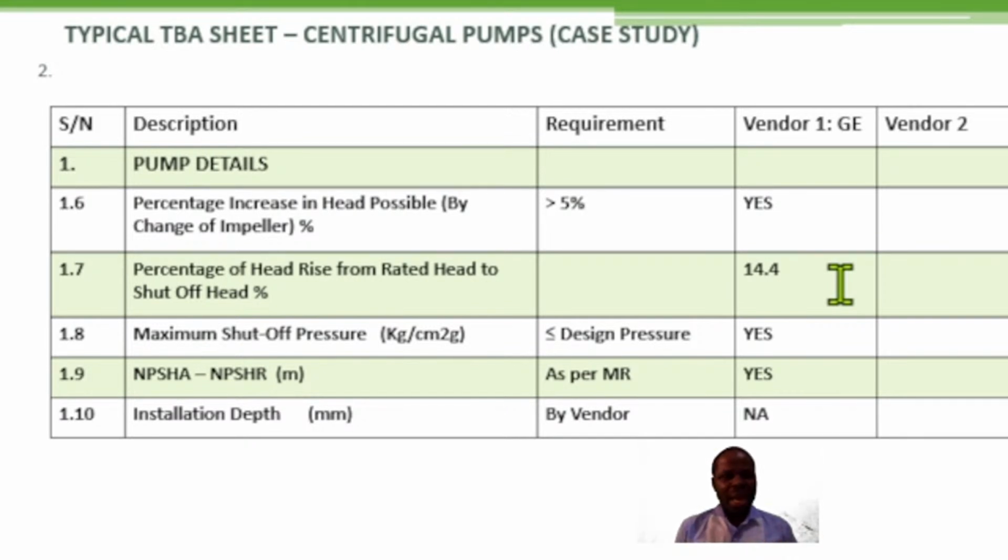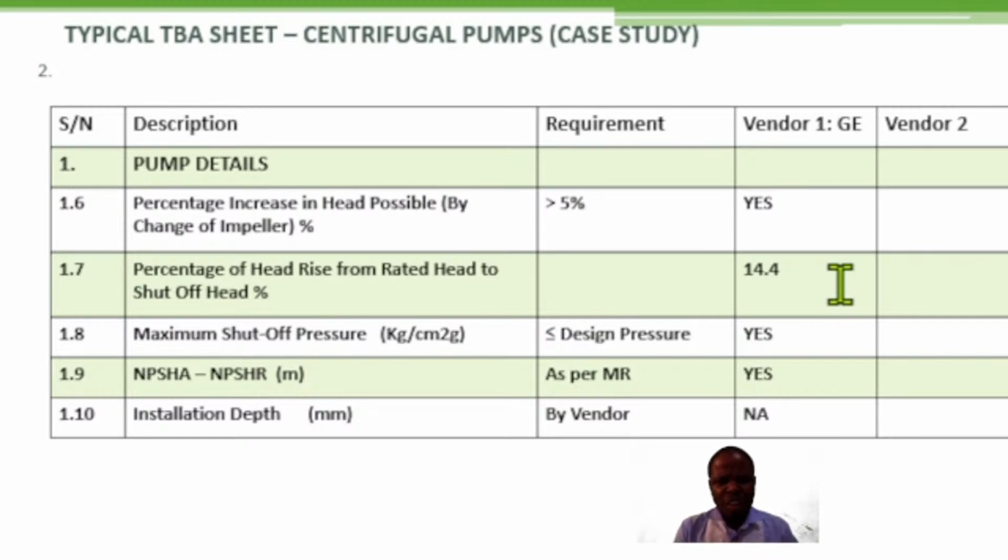Then you also check the maximum shut-off pressure. Is the maximum shut-off pressure greater than your design pressure? Because of course that will be a red flag. Your maximum shut-off pressure has to be less than or equal to design pressure. Now, it is on the performance characteristics curve that a particular vendor has submitted to you.